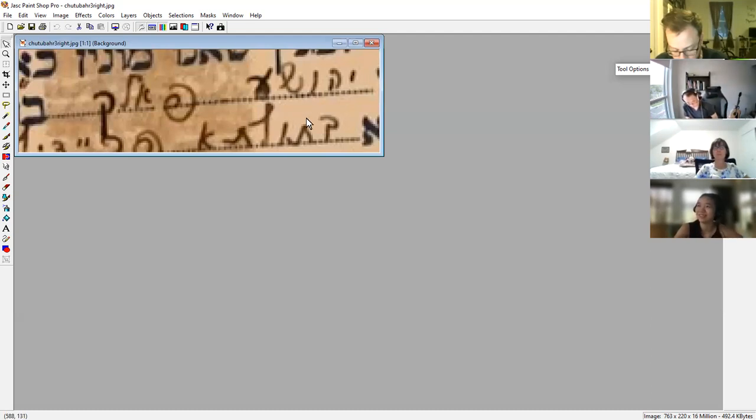It's called a kubutz. It's three dots on the diagonal. I always get the kubutz and the shuruk mixed up. But the shuruk is the vav with a dot inside it, right, and the kubutz is the three dots at an angle. Got it. That's cool. Yeah.